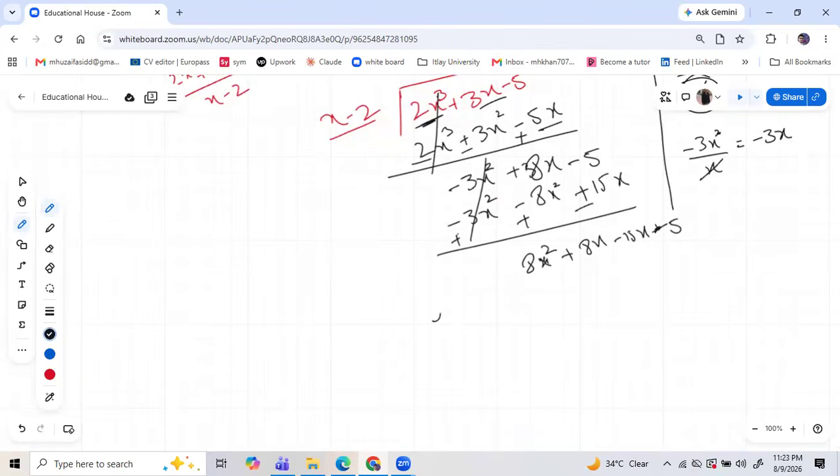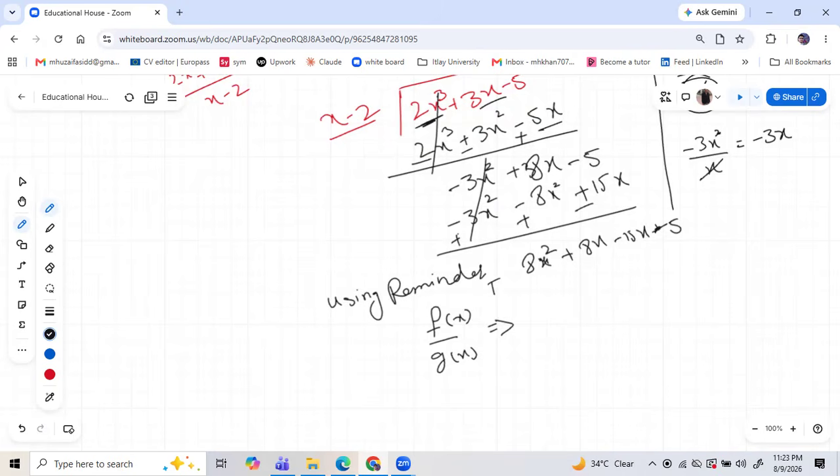You can write it: if we have f of x equal to g of x divided by, so using the remainder theorem, I'm just writing it here. So this gives us x minus a and g of x plus f of x.